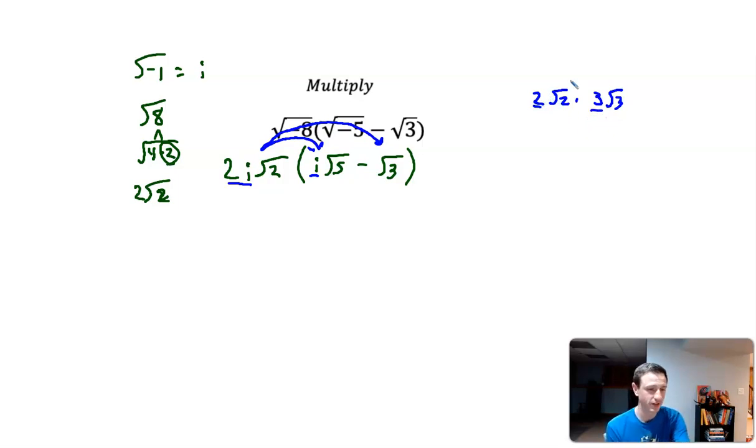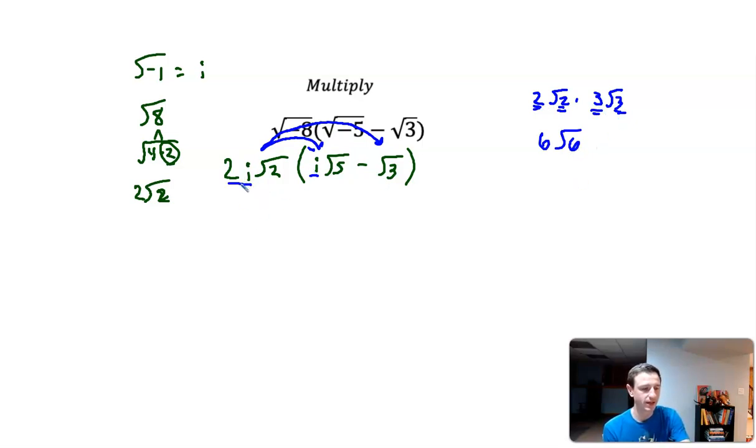Not exactly coefficients, but we could do 2 times 3 is 6, so the numbers on the outside. And then we would do square root of 2 times the square root of 3. The numbers on the inside of the radical, so that would be square root 6 on the inside. So we do the numbers on the outside, and then square root of 2 times square root of 3 is square root of 6. So we're going to take that same approach here.